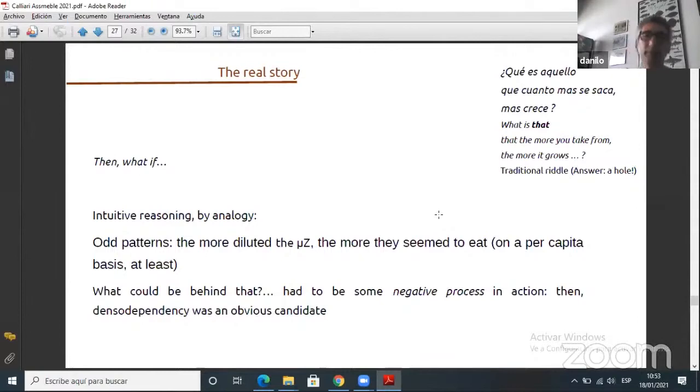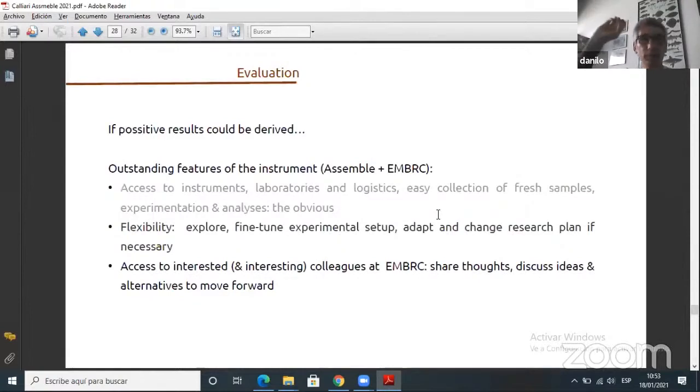Well, density dependency was an obvious candidate. So my last words here are a sort of evaluation of my experience in Assemble Plus: if positive results were in the end viable to get from this, it is thanks to at least three important features of the instrument.